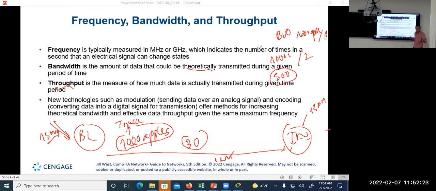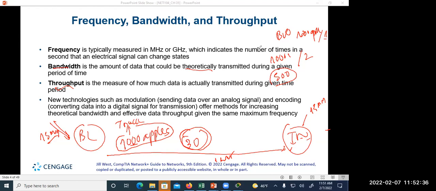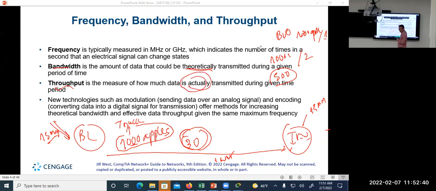You have to do the processing, and you have the congestion also. You have many things that impact the performance of the network communication. That's why the bandwidth is theoretical, but this one is actual. It makes sense.